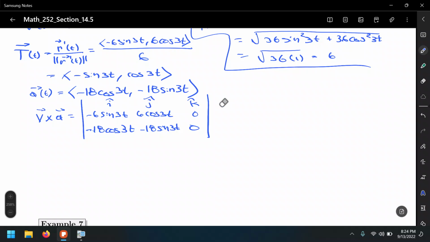So that's I. Let me repeat the first two columns. That's negative 6 sine 3t, 6 cosine 3t, negative 18 cosine 3t, negative 18 sine 3t.